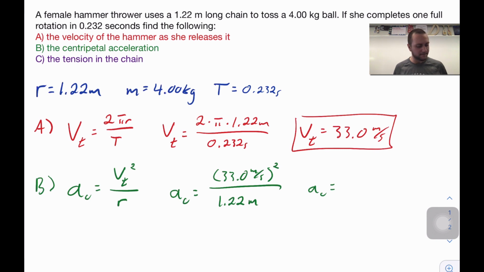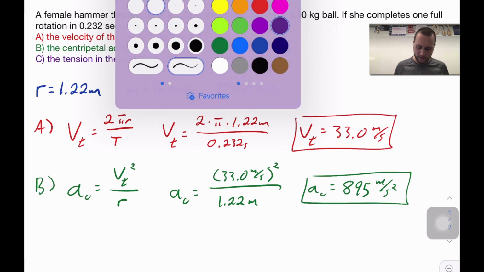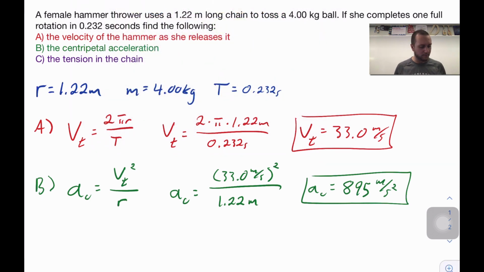So using that full numerical value, squaring it, and then dividing by our radius, we're going to get 895 meters per second squared. Now again, based on sig figs, that value is actually going to come out as 894.836, and there's some change there. So I'm going to use that full value again moving forward in part C, but to record the value as a response, I'm going to use 3 sig figs.